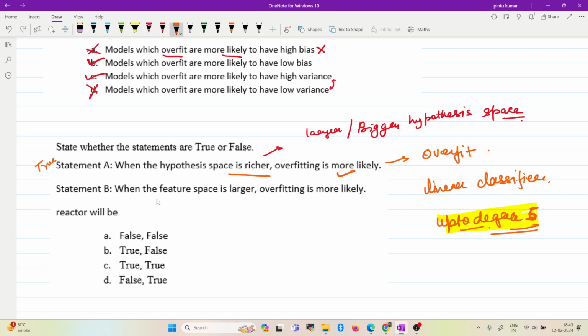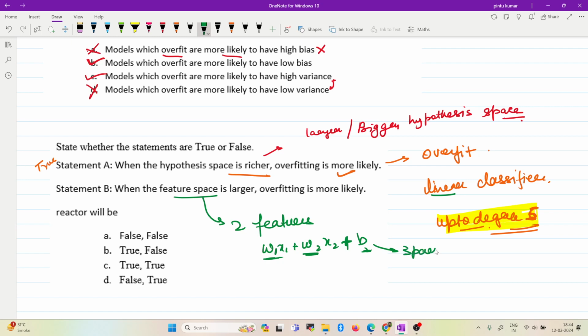The second one is when the feature space is larger. Let's say you have two features and you want to fit some linear classifier. How would the linear classifier look? It would be w1x1 plus w2x2 plus some bias. So you have to learn 3 parameters. Now let's say your feature space has 5 features.